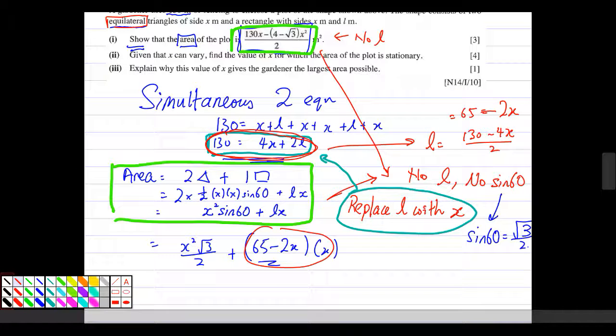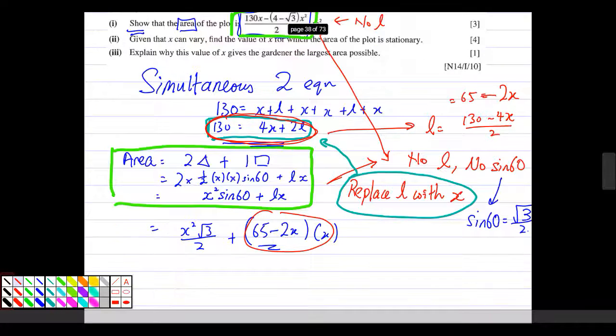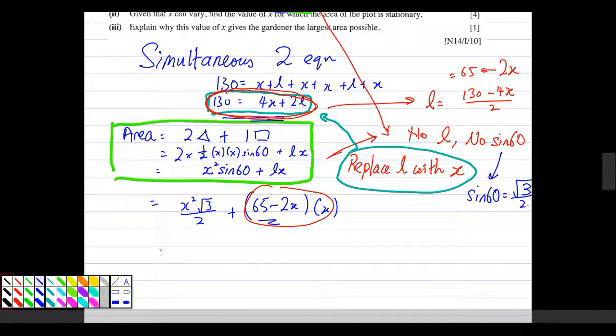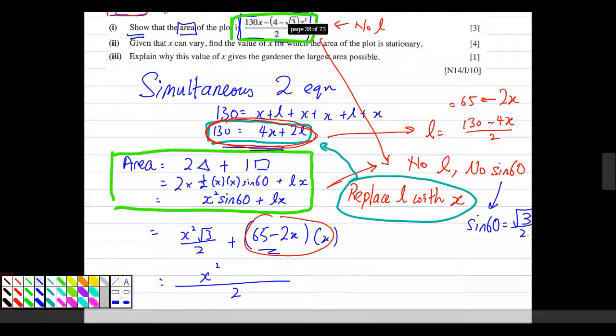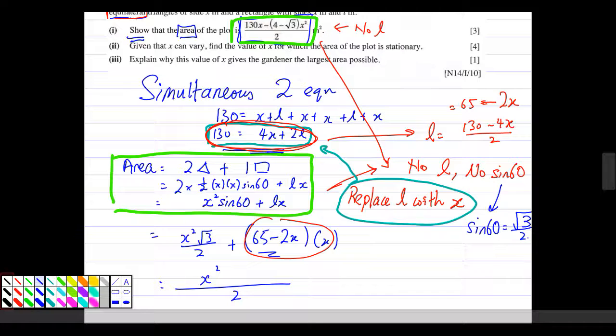Now from here, are you closer to what the question is already? Not closer. So then you can simplify into a single fraction. Then you have that thing. Okay lah, then I just copy lah. Don't waste time. Sine 60. Can follow?